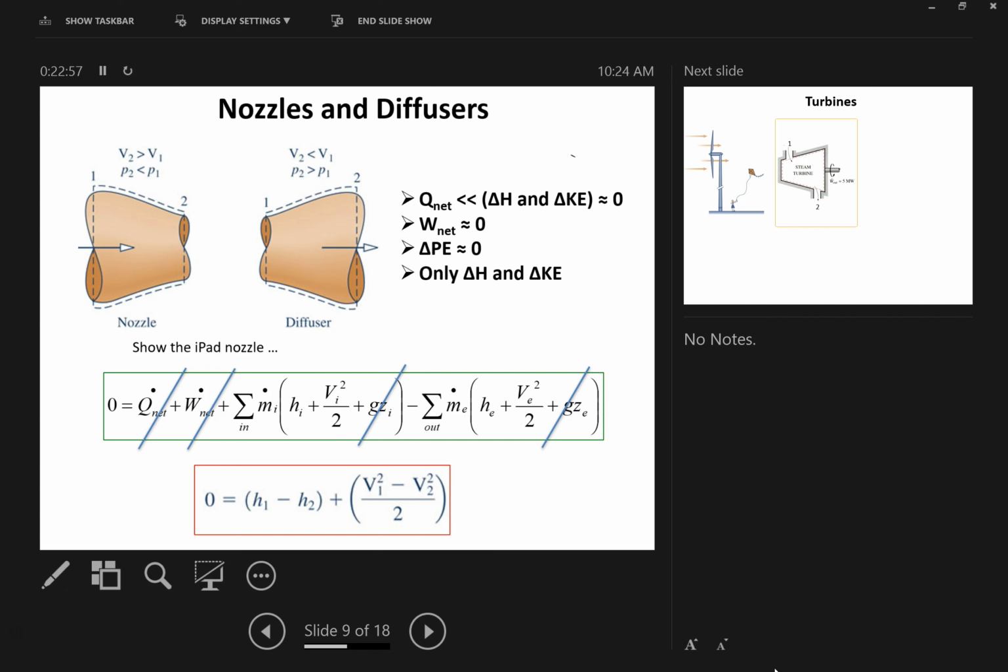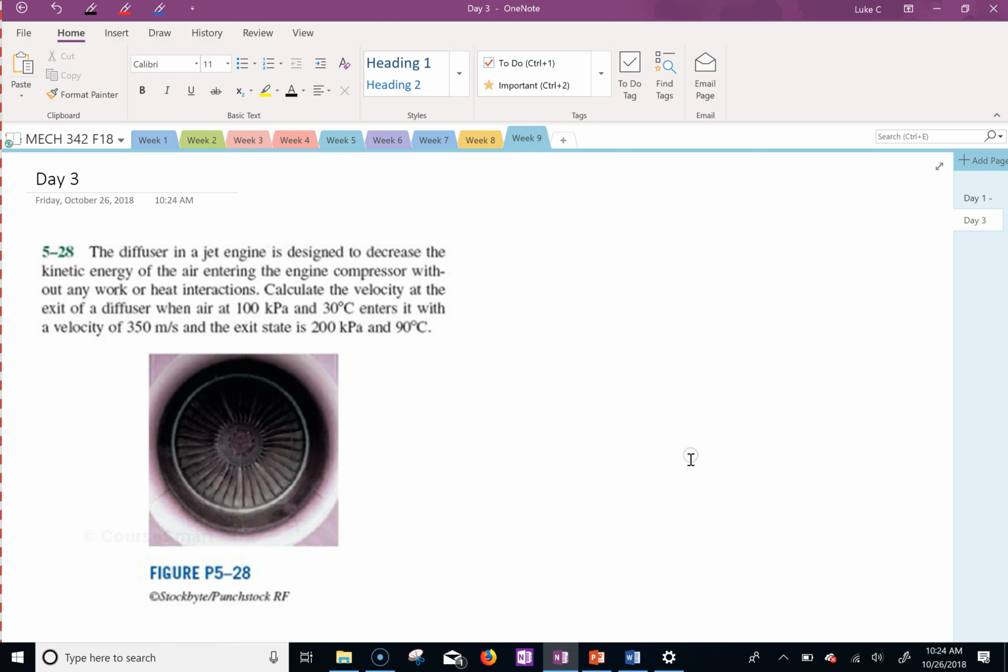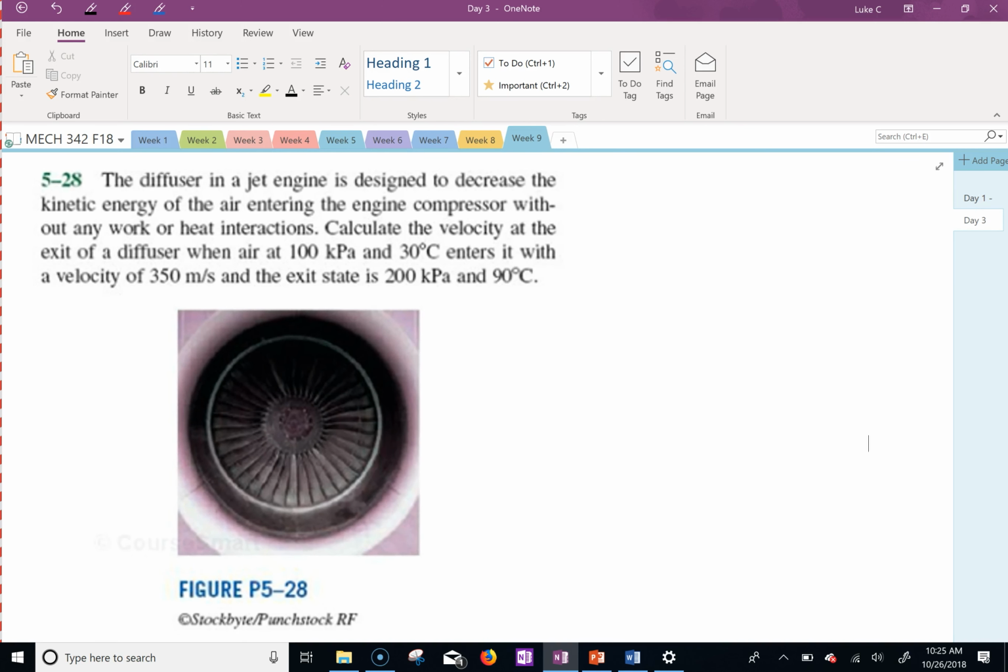I'm going to do an example on a nozzle, so I'll bring up the problem. The diffuser in a jet engine is designed to decrease the kinetic energy of air entering the engine compressor without any work or heat.